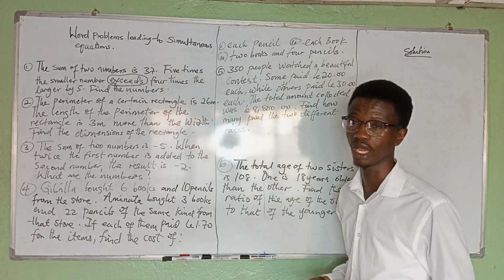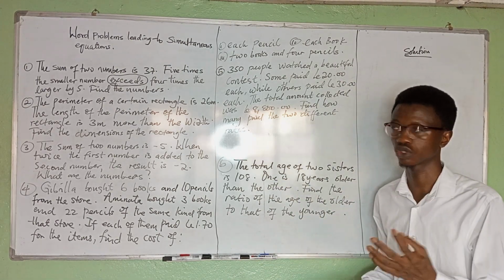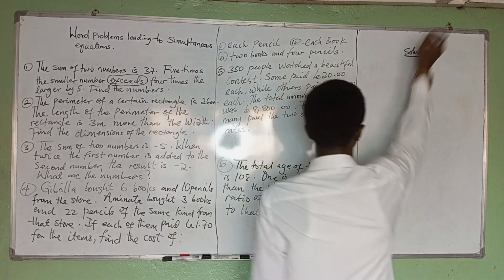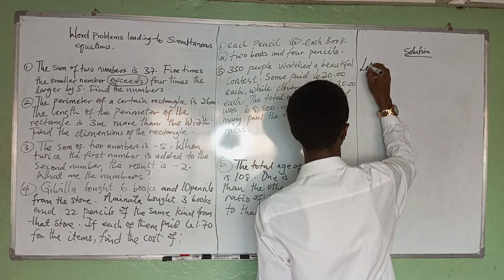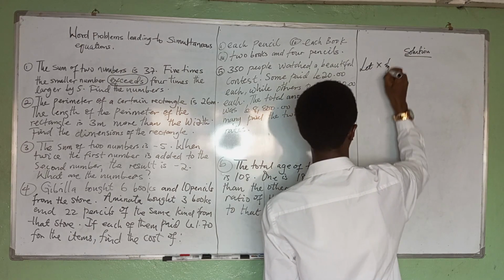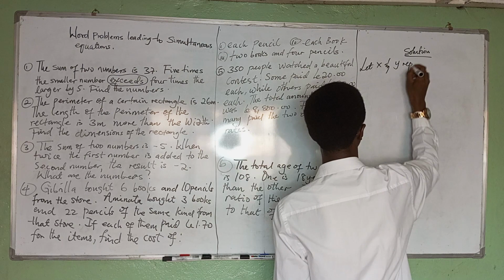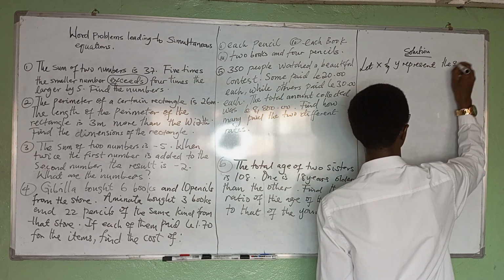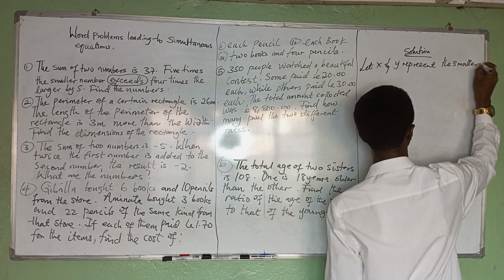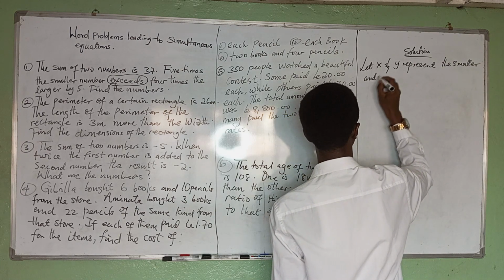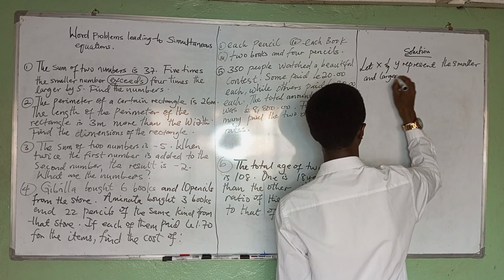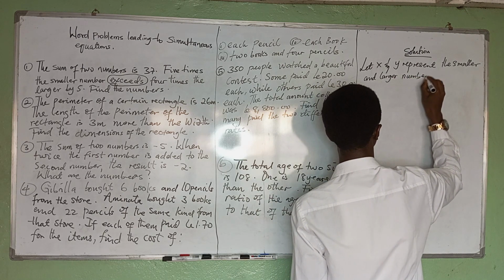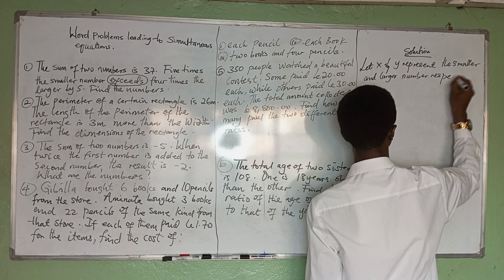So what you should do is take letters to represent those numbers. That's your initial assumption. Let x and y represent the smaller and larger number respectively.